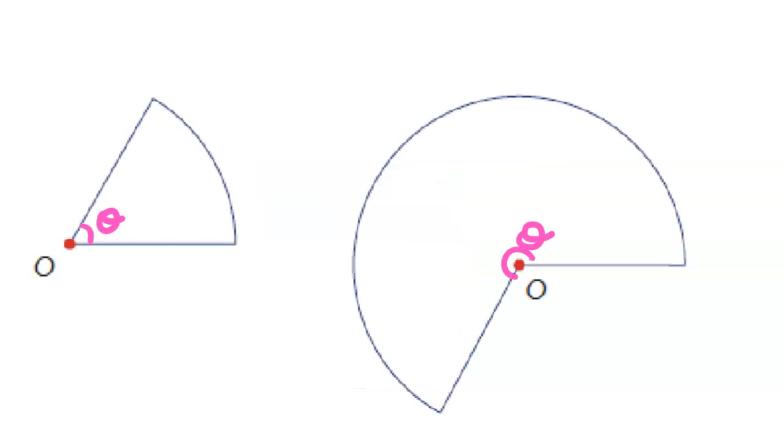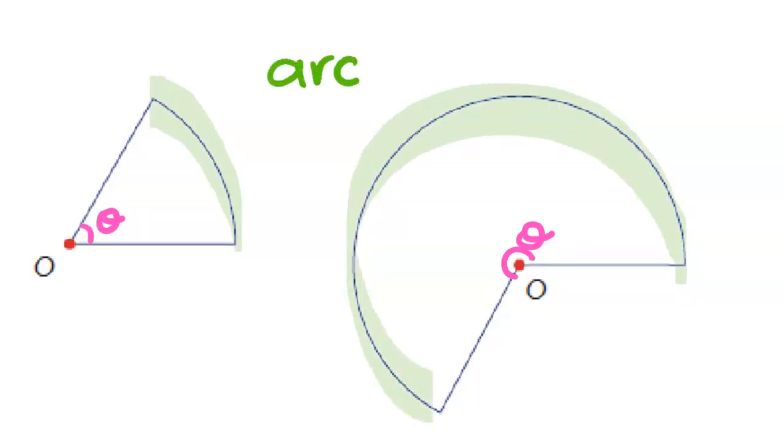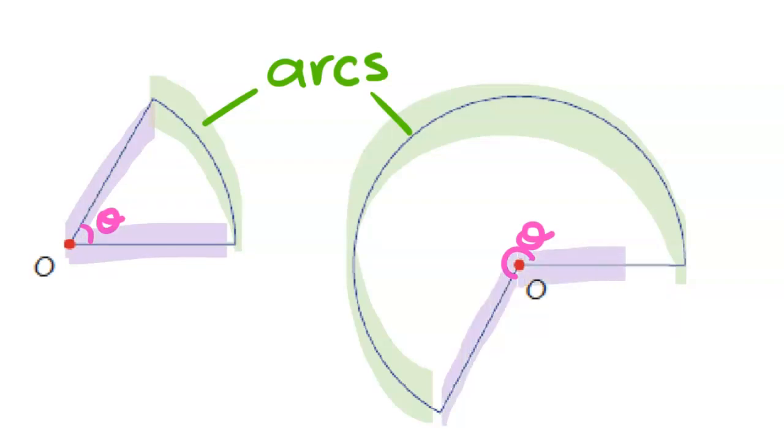And I notice for these 2 sectors here, we have arcs on both. That's the curved portion of a circle. So these are arcs. And on both of these arcs, I notice we also have 2 radii again. Remember, radius is the distance from the center to the outside of the circle. So we have 2 r's. R and R is 2 r's.